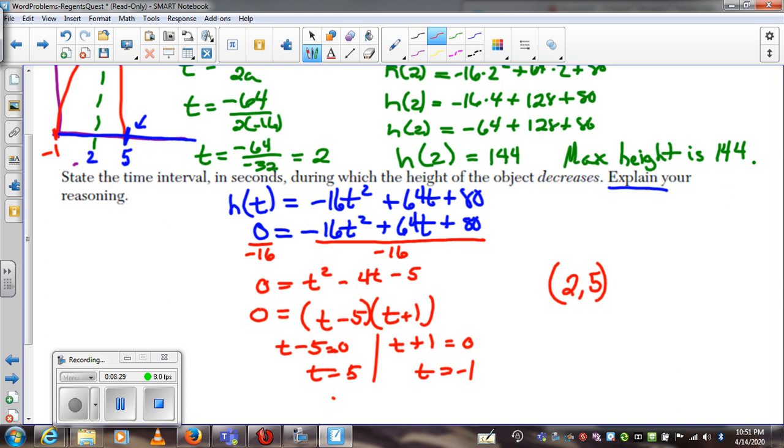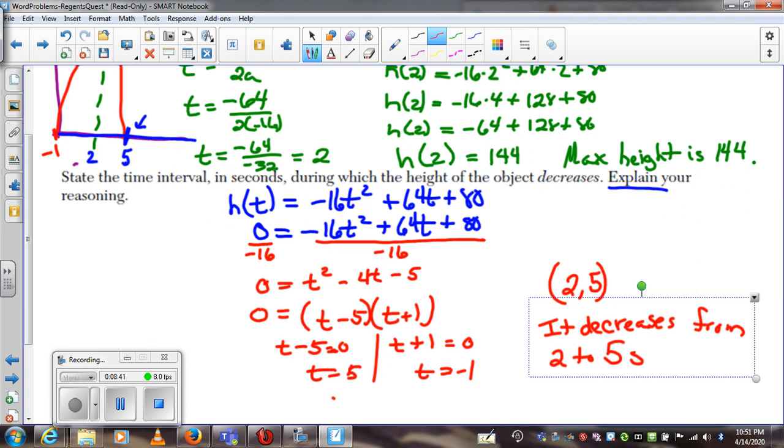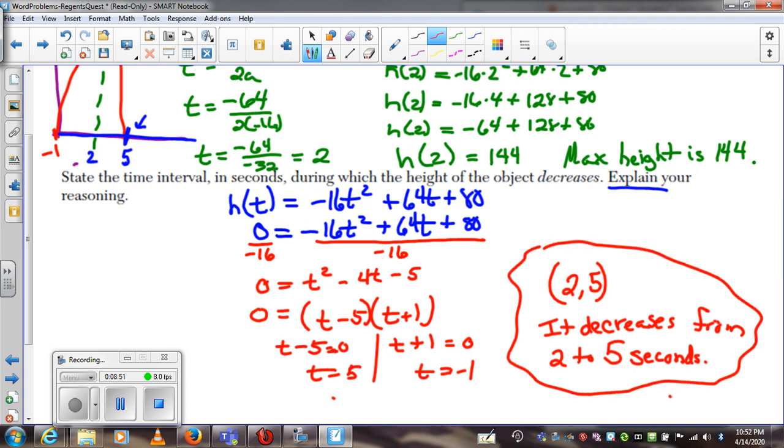You could also say in words, it decreases from 2 to 5 seconds. Now you would also have to explain your reasoning, and what I would do is I would say it starts decreasing at the vertex until the object hits the ground. So I would say something to that effect, but you need to have words in that.